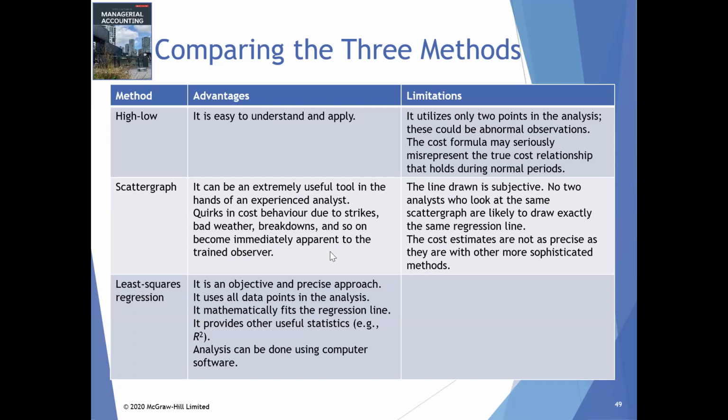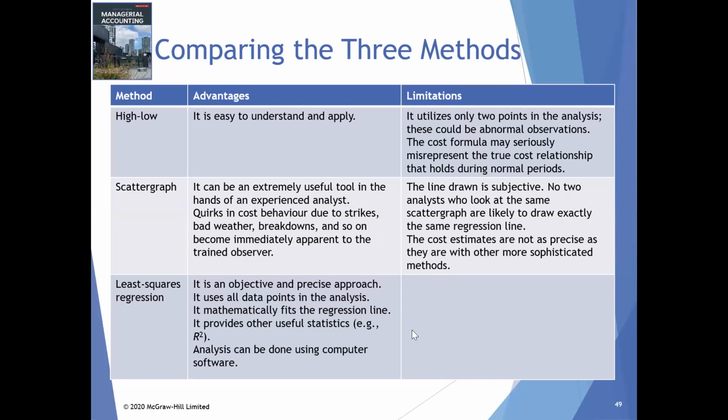So some costs may increase or decrease due to bad weather or something like that. But on the basis of this, we will be using these scattered graph dots, and after that we will be drawing one line. So the limitation is the line drawing is subjective. If we can draw the line up or down, right?